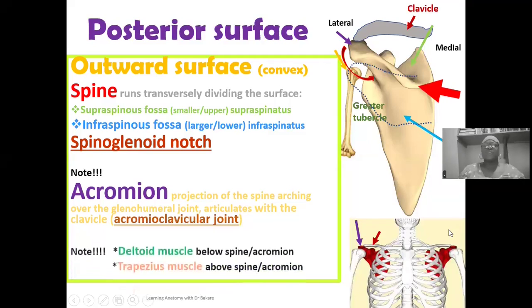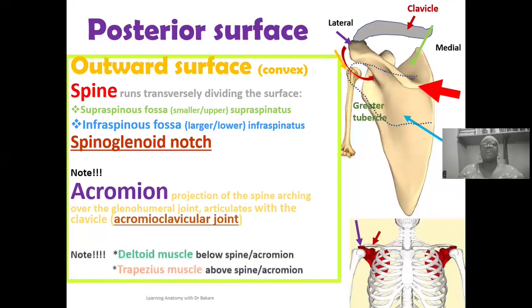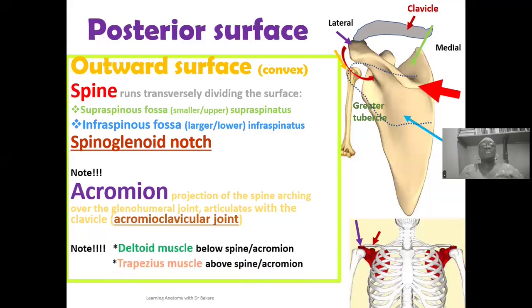It is also important for us to add that the surface of the spine and also the acromion is related to some muscles. If we go back to this upper image, this is where we have the spine. So that the spine will drive laterally to become expanded, and this is where it becomes transformed into the acromion. At the lower border of the spine and also the acromion, you have the deltoid muscle. We know that the deltoid muscle is the muscle that creates the rounded contour around the shoulder joint. And this is where it has a relation also with the scapula.